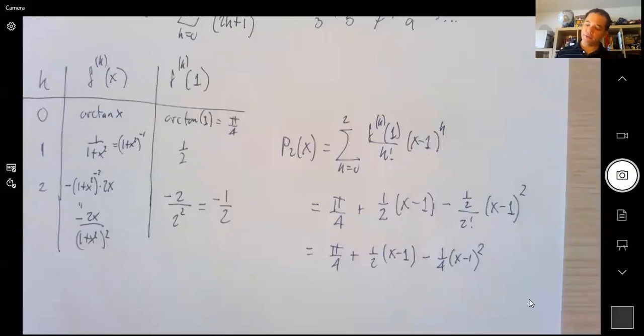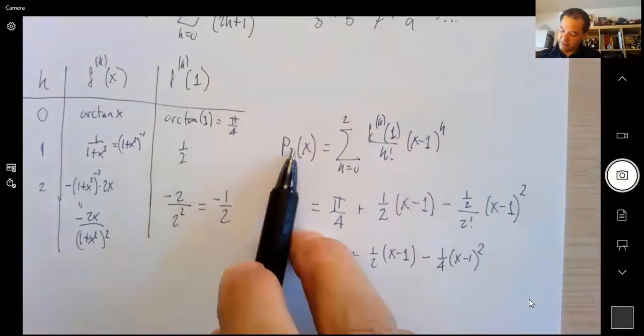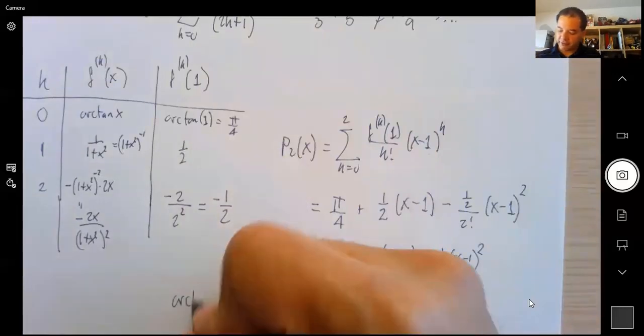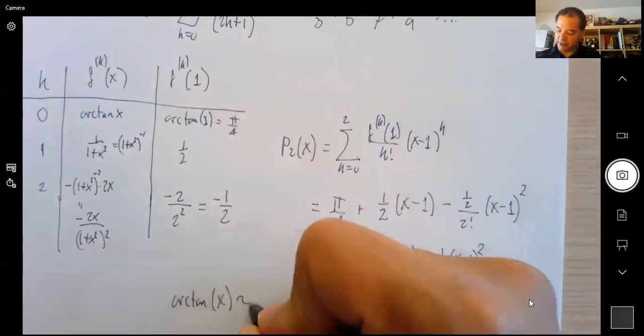Now, how do you use it to approximate arctangent of 2? Well, this function approximates arctangent. So arctangent of x is approximated by P2 of x.